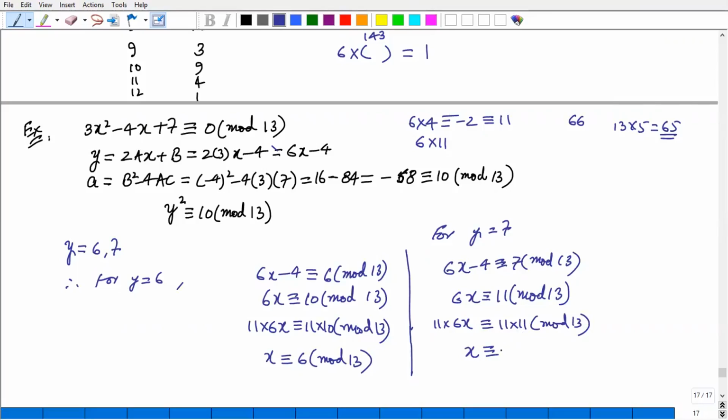And 121 in modulo 13 is 4, because 13 times 9 is 117. So the solution is x congruent to 6 and 4 modulo 13. That's the solution of the quadratic congruence.